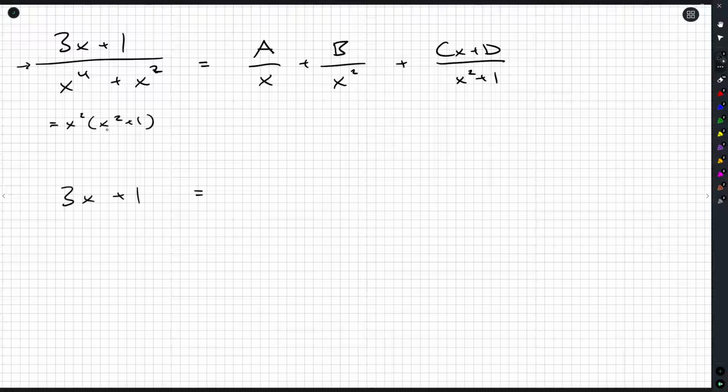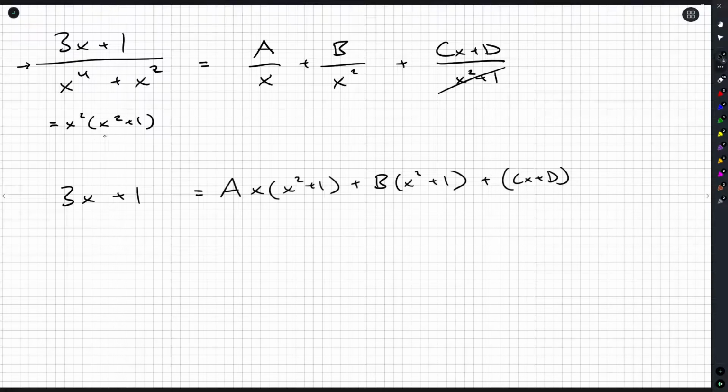Multiply x squared times (x squared plus 1) by A over x: one of the x factors cancels, and you're left with A x (x squared plus 1). Same thing with B, except you cancel out both x squared factors. And finally, for the Cx plus D, you cancel out the factor of x squared plus 1, and you're just left with x squared.